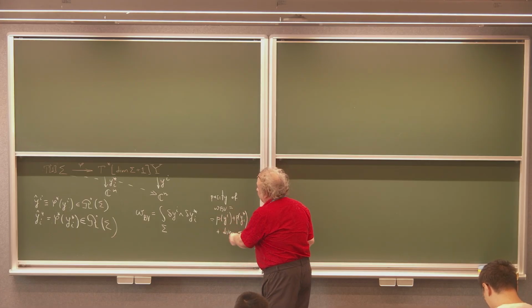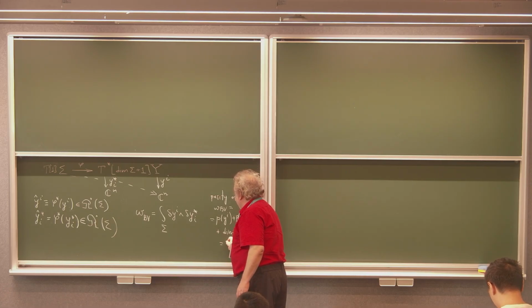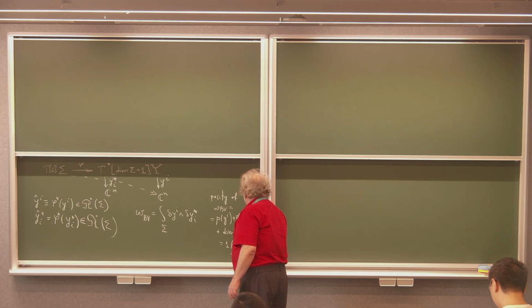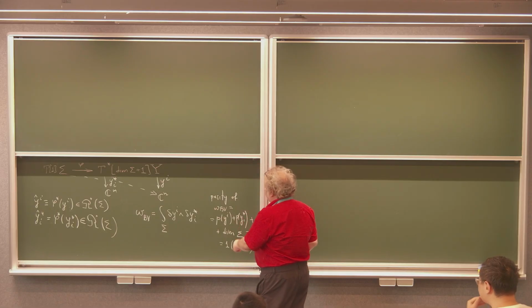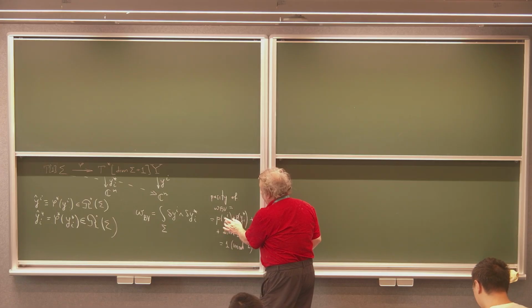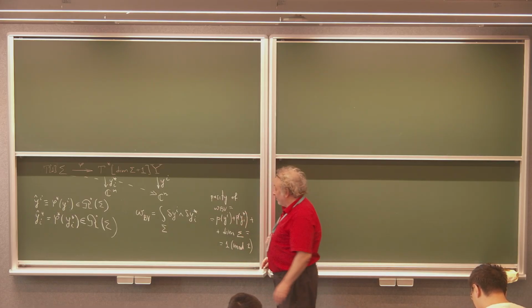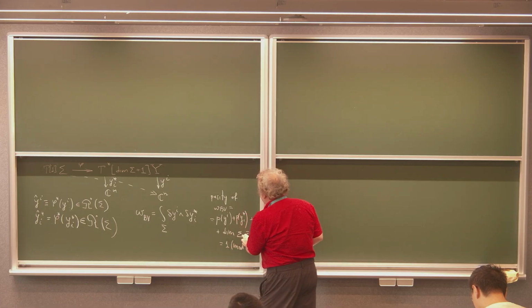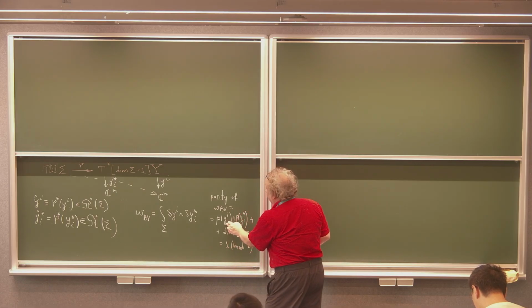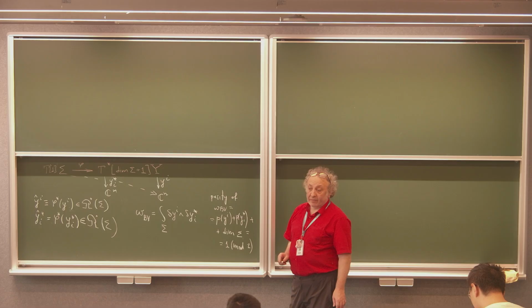And I want this thing to be equal to 1 modulo 2. That's why if the dimension of sigma is even, the parities of y and y star should be opposite. If the dimension of sigma is odd, they should be the same.